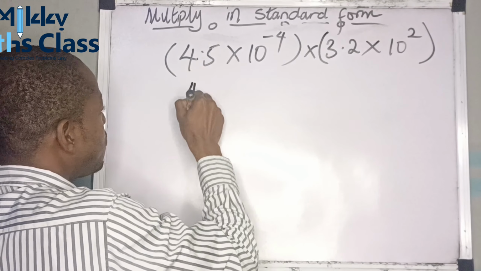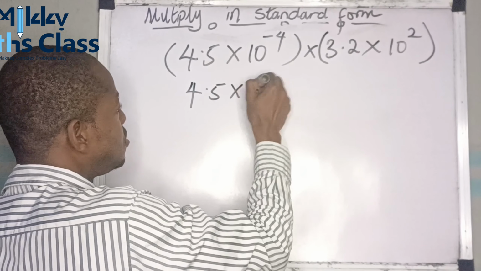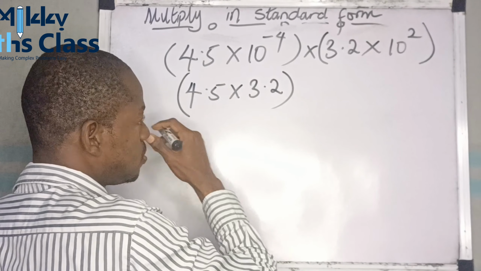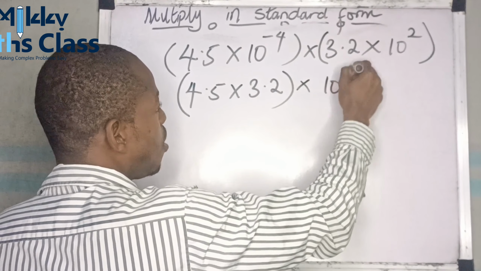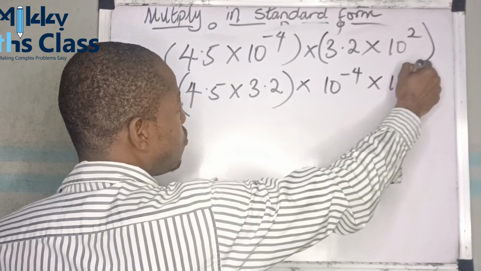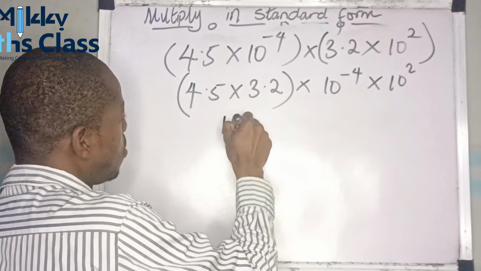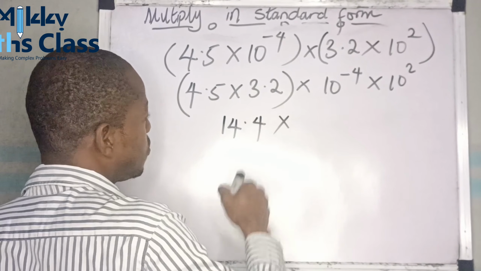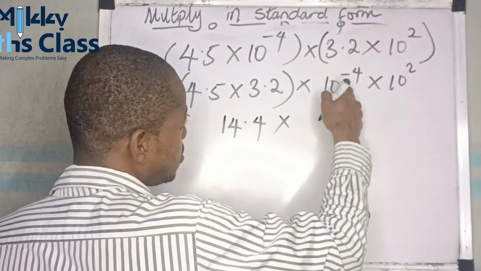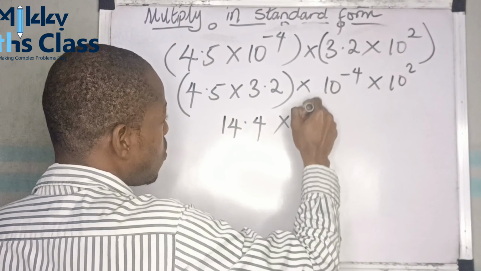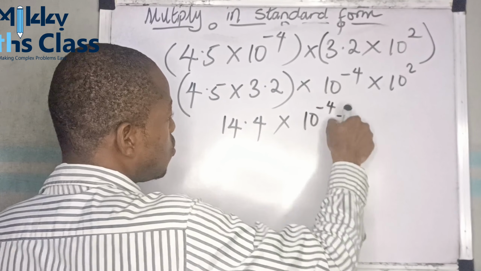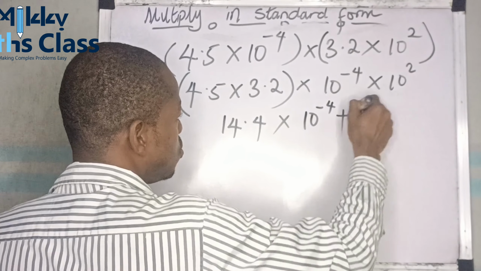So this is 4.5 times 3.2, then times 10 to the power of negative 4 times 10 to the power of 2. So 4.5 times 3.2 will give us 14.4 times 10 to the power of negative 4 plus 2.